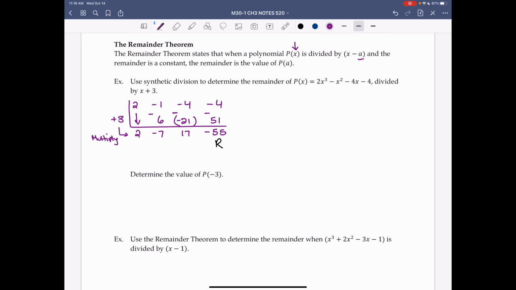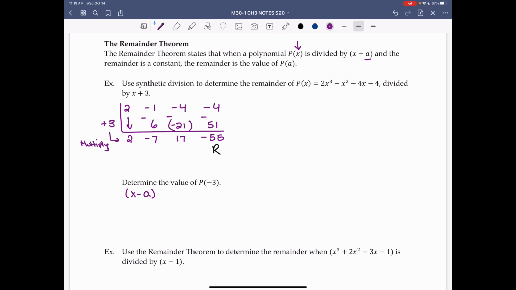Next it says to determine the value of p of -3. So looking at our general term, the divisor is x minus a. Then the a value is the opposite sign of what it looks like in the binomial. So in our example, we have x plus 3. If we write that with a minus, it's x minus -3.